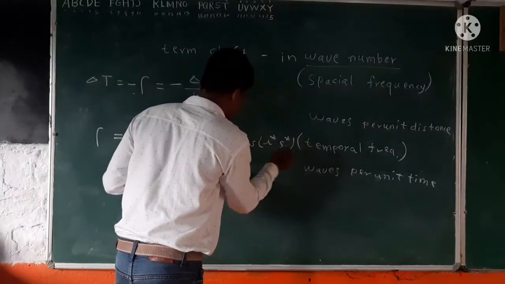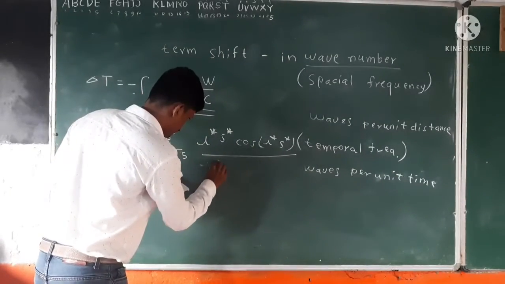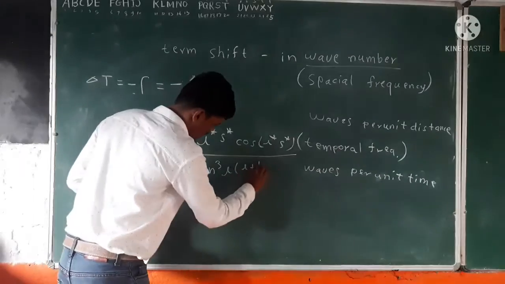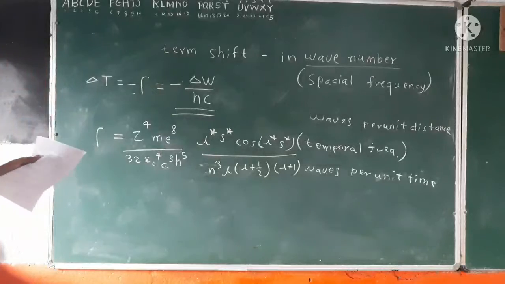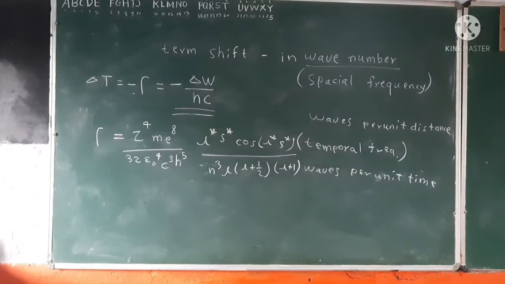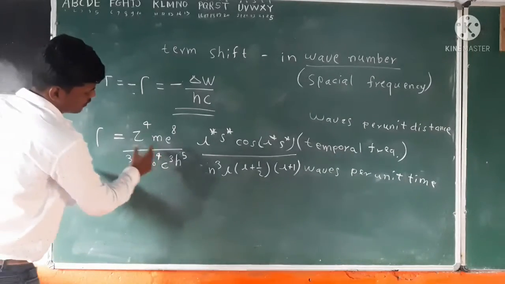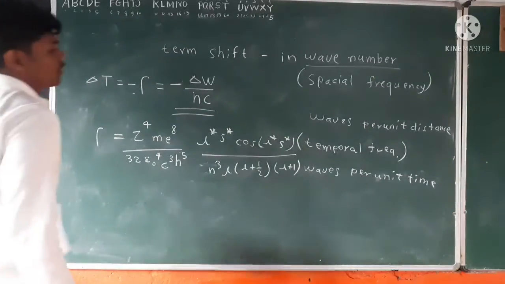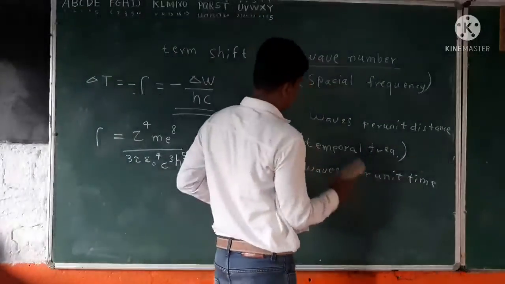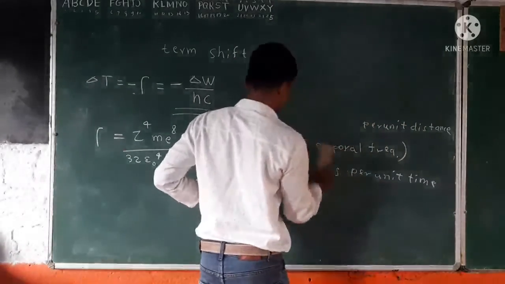This is nothing but the angle, the cos of L star S star, n cubed, l, l plus half, l plus 1. So that will be the term shift in terms of wave number. Now we have been given the values for some quantities like this. I will rather note down this wave number, as it will come very frequently in atomic and molecular physics.